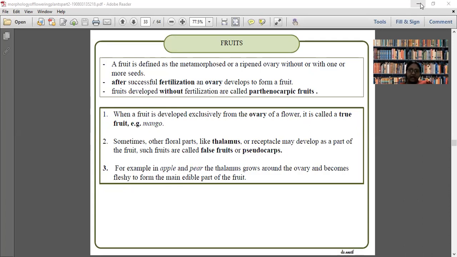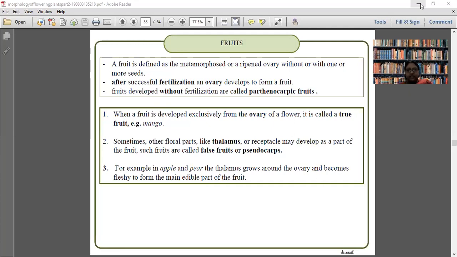Apple is called a false fruit because the edible part of the apple that we eat is not the ovary at all, it is the thalamus. If in any fruit the part that we eat is not the ovary but any other floral part, that is thalamus or petals or sepals, such fruits are called false fruit.